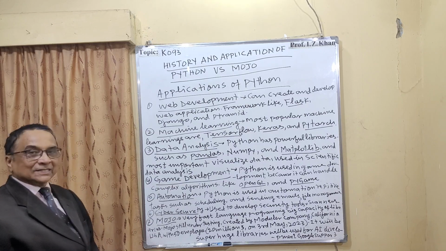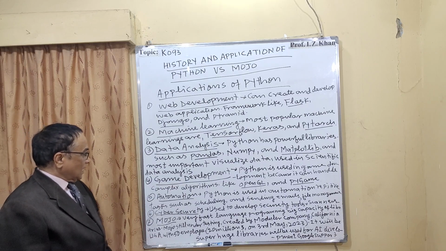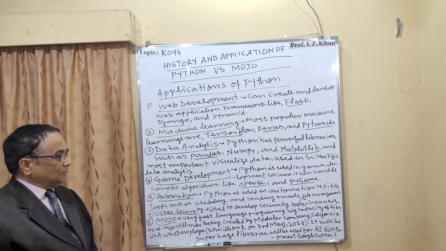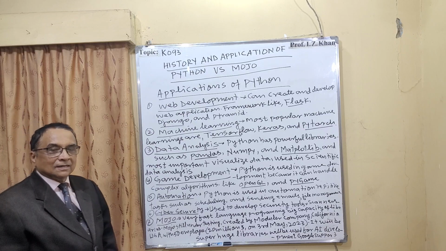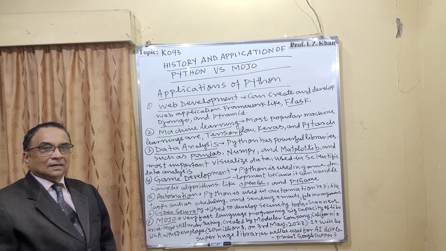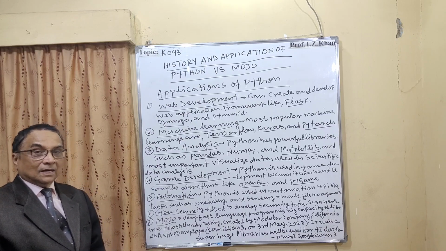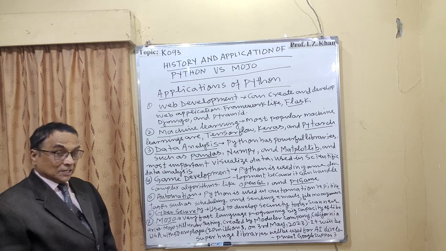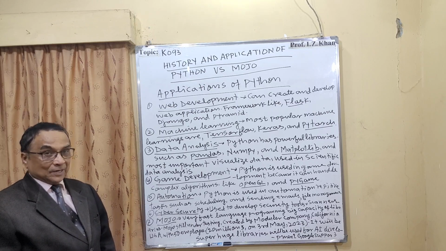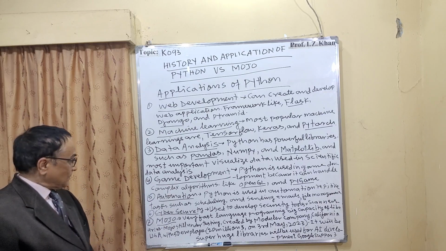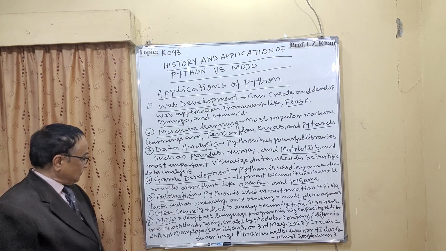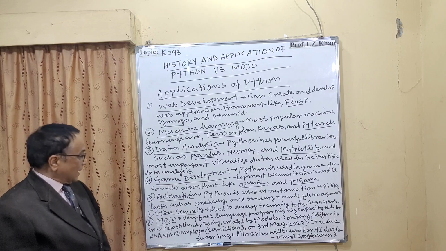Number 6, cyber security. It is used to develop security tools like scanning of passwords, and also searching and identifying passwords. That is, scanning and password searching is the most important use of Python in cyber security.